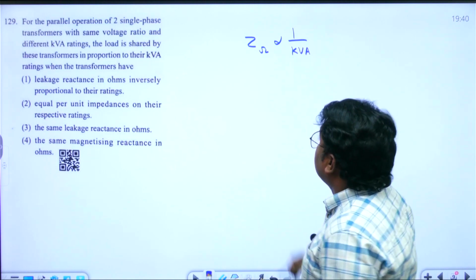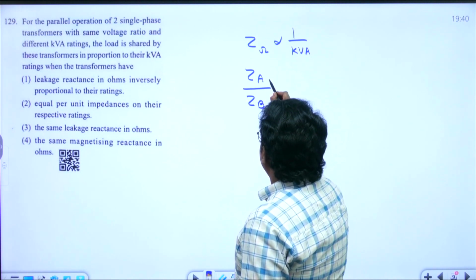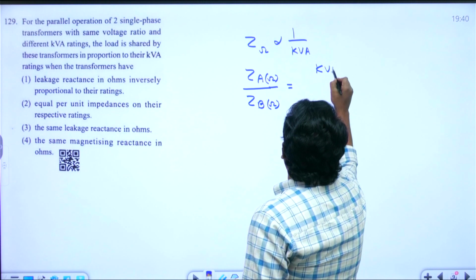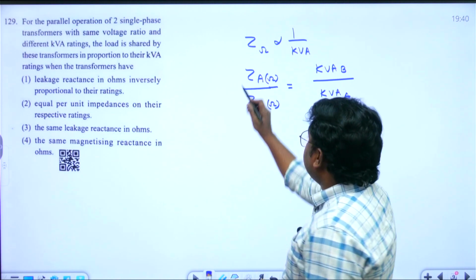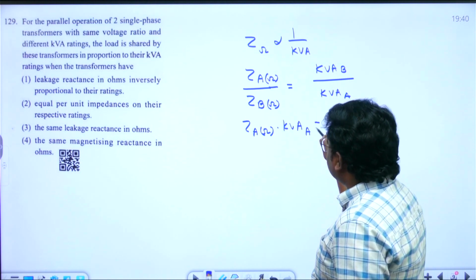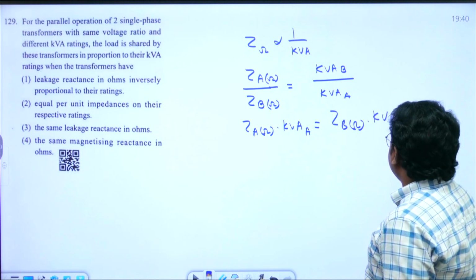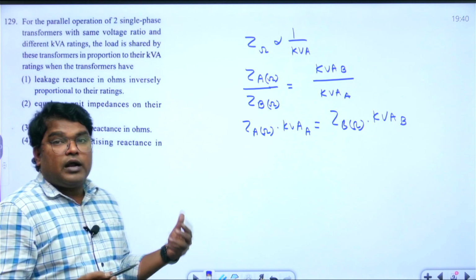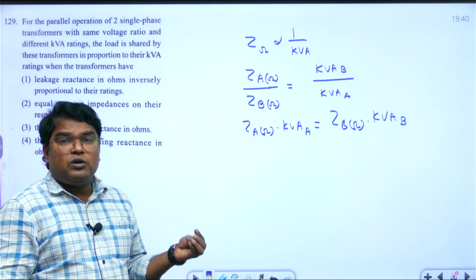It means that the impedance of transformer A in ohms divided by the impedance of transformer B is equal to the kVA rating of transformer B divided by the kVA rating of transformer A. Now let us simplify this: ZA in ohms into the kVA rating of transformer A is equal to ZB in ohms into the kVA rating of transformer B. Now, one of the conditions to connect transformers in parallel is that the voltage rating of the two transformers should be the same.